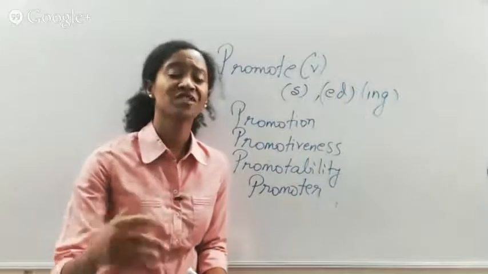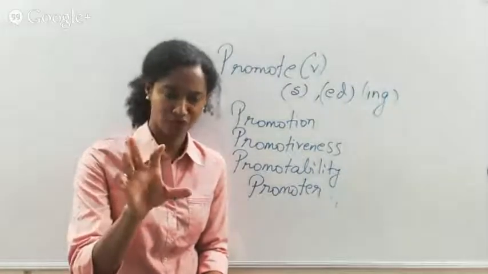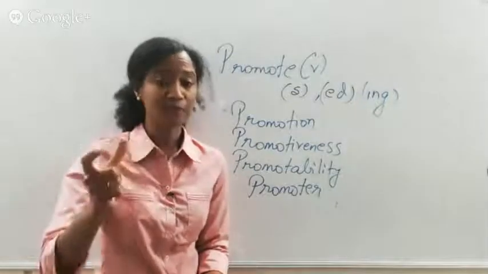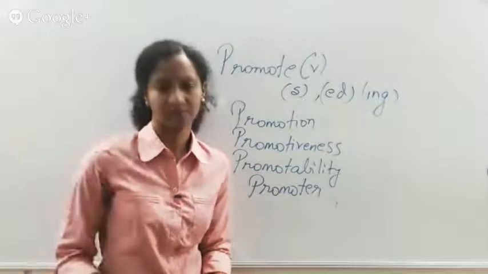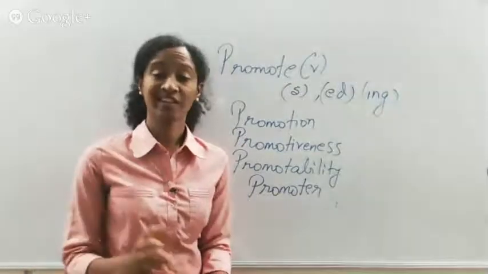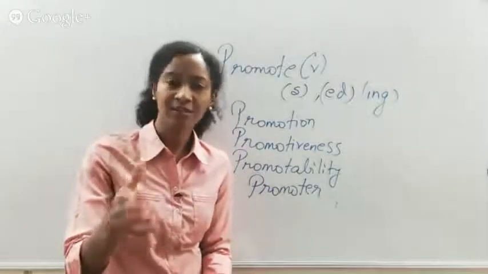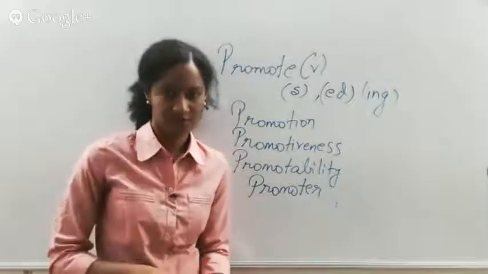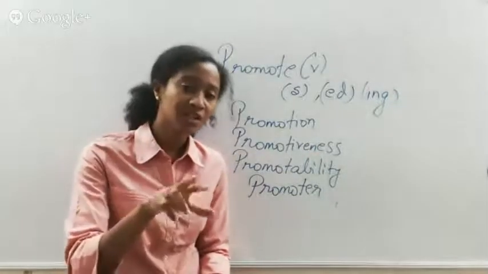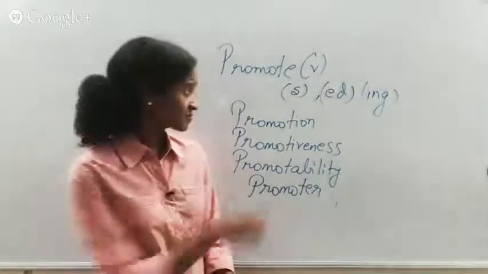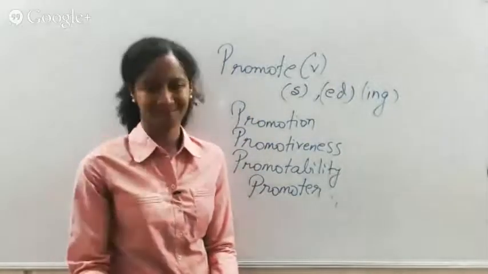If I say that was a fascinating story, story is the noun form, fascinating becomes the adjective. So if I say he was a determined candidate, Narendra Modi is a determined candidate, right? So candidate is my noun, determined is my adjective. So some adjective forms take up the continuous verb form and the past tense verb form. So the adjective form of promote can also be promoting, all right?